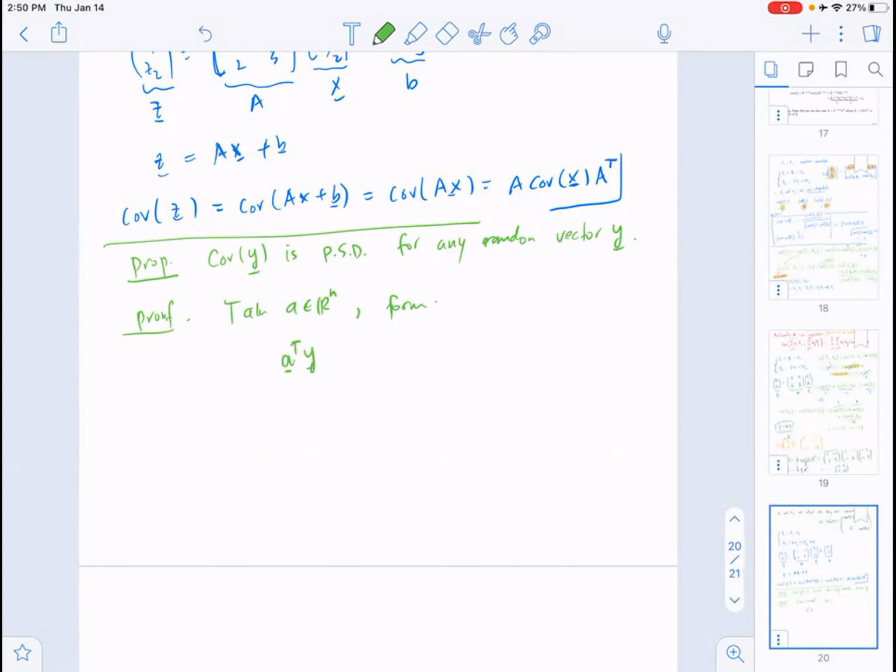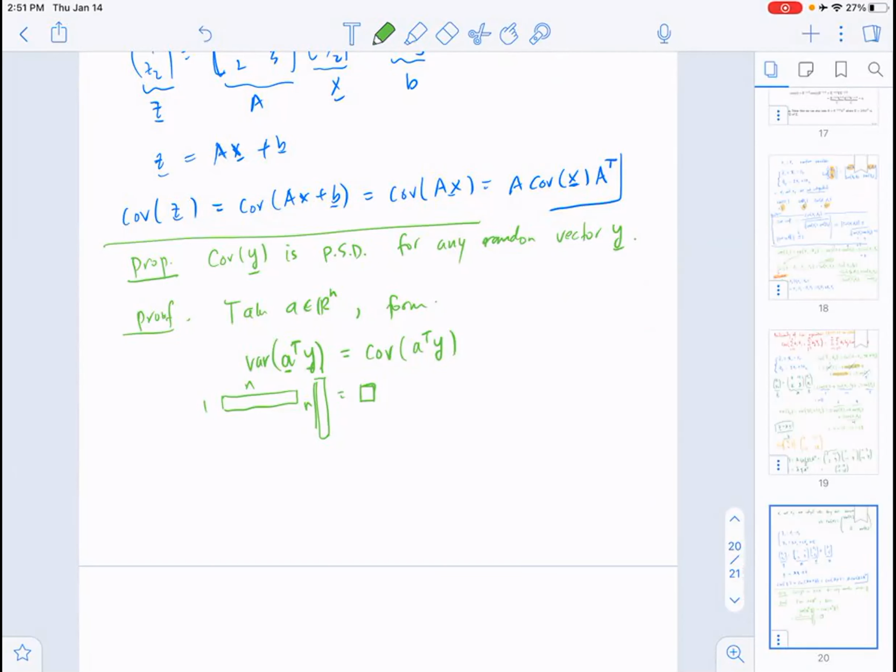So this is a 1 by n vector times an n by 1 vector. So the result is 1 by 1, it's a number. Okay, so this is a scalar, so it has a variance. I can also write this as the covariance matrix of A transpose Y, because the covariance matrix of A transpose Y is just going to have a single entry.